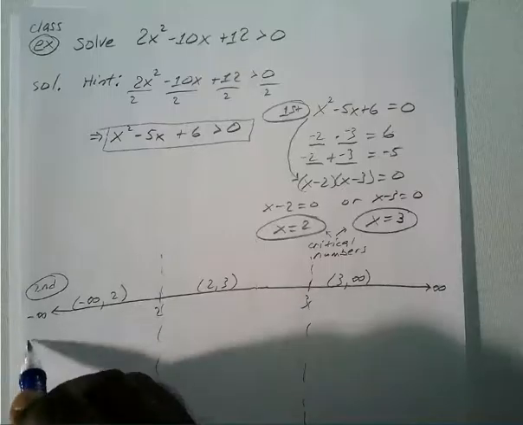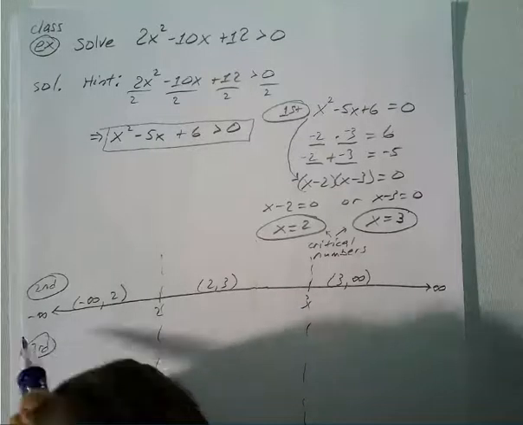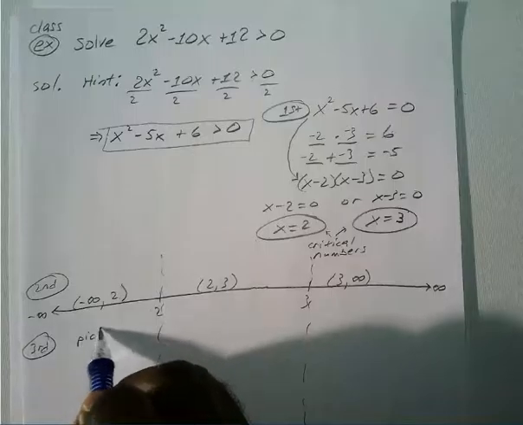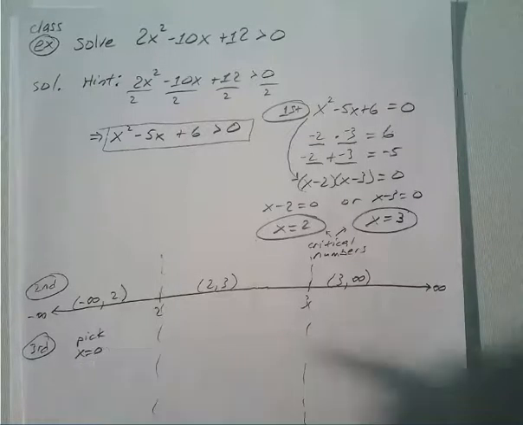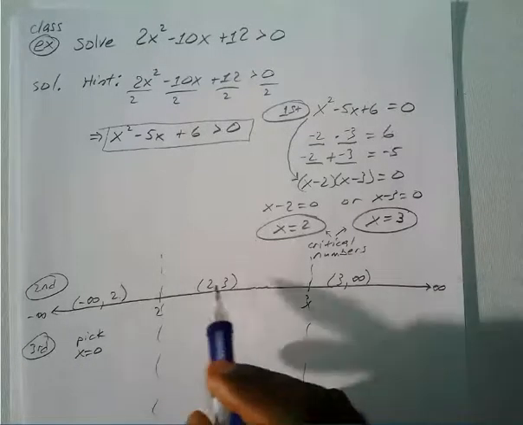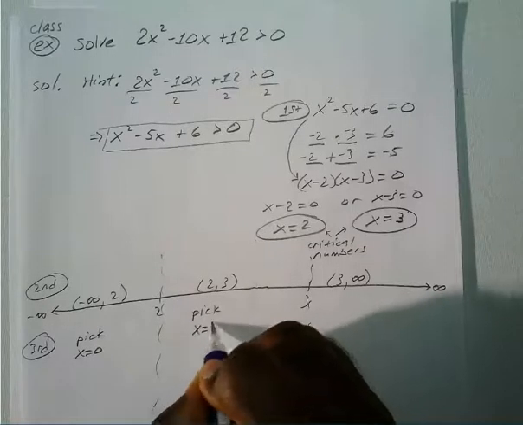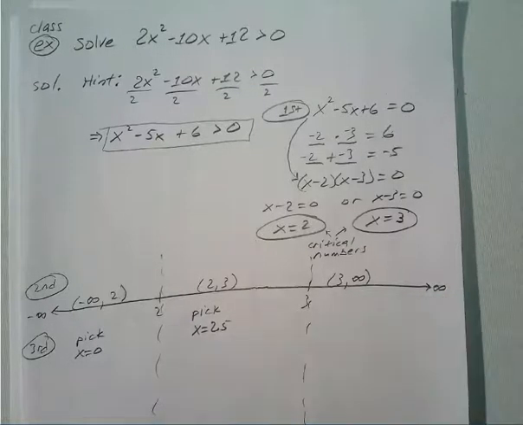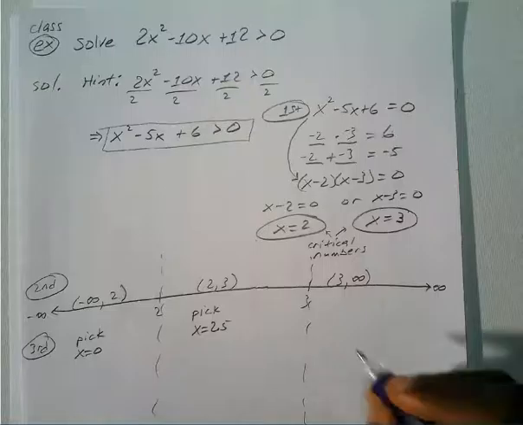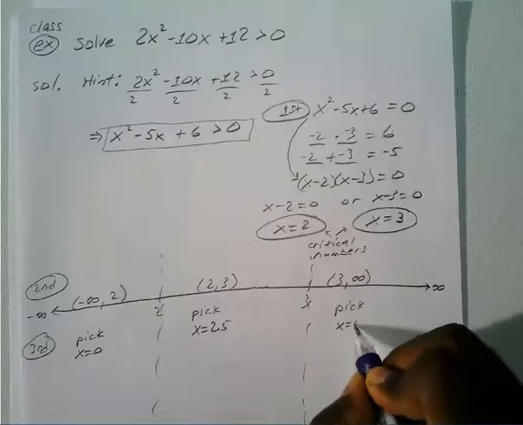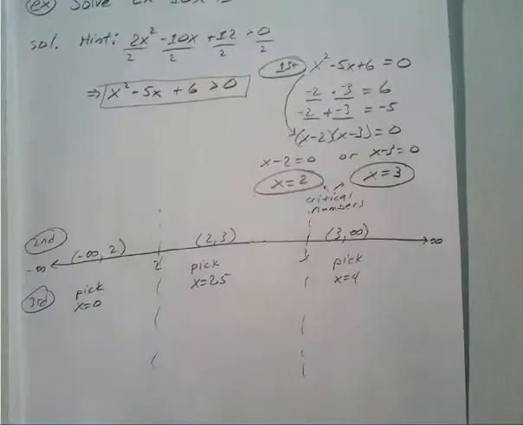So that brings us to our third step where we pick values. From negative infinity to 2, we're going to pick x equals 0. From 2 to 3, we're going to pick x equals 2.5. And from 3 to infinity, we're going to pick x equals 4 as our test value.